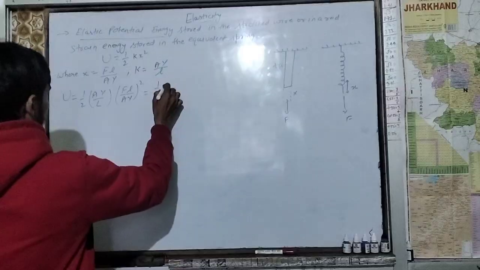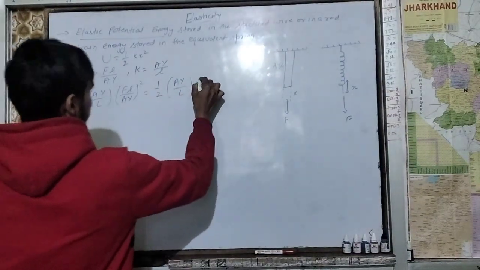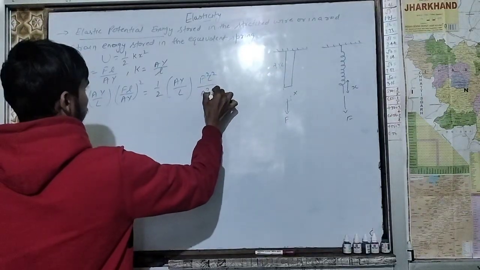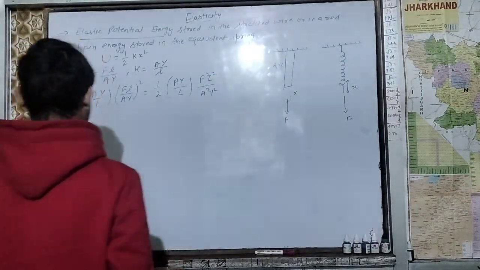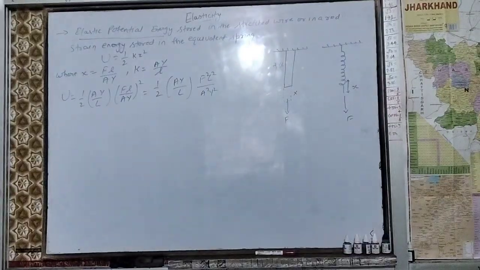This can be simplified further, then it will give us F square L square upon A square Y square. This equation can be rearranged. Let's see how.